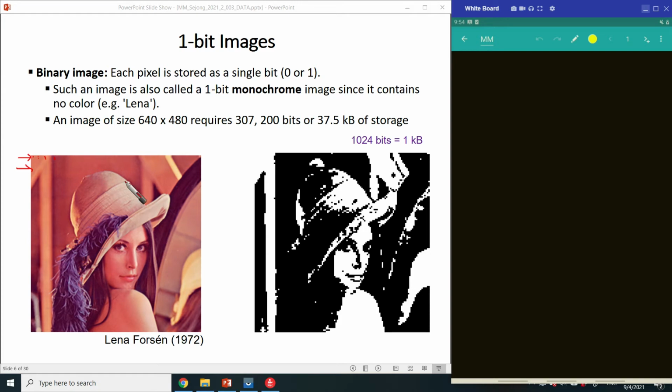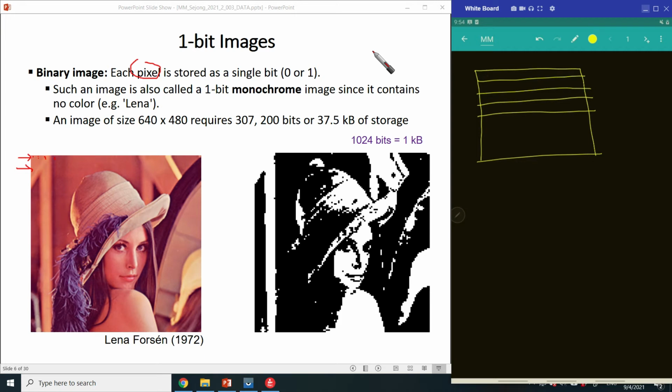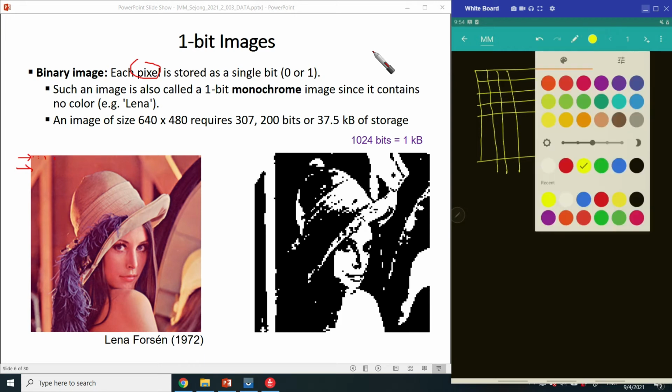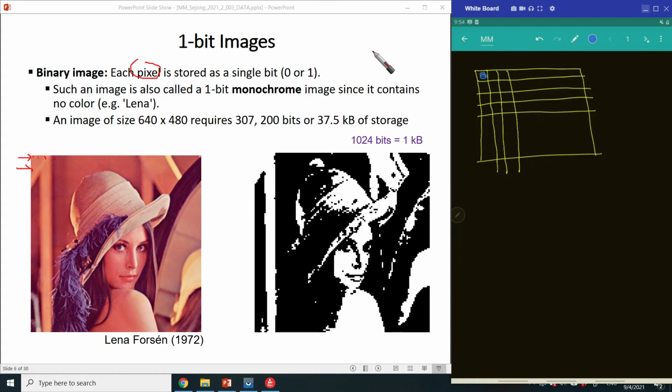Now if we represent each pixel, let's say this is a 2-dimensional image, and there we can consider some imaginary pixels, imaginary lines. Maybe this one is 1 pixel, and this is another pixel, and this is another pixel, right? And this pixel might be perfectly black or perfectly white.